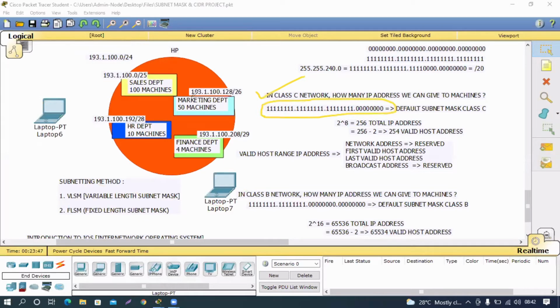For example, for 100 machines, what is the accurate subnet mask that we can give over here? We are dividing this particular subnet mask. This is the main idea. In subnetting, we are dividing one big network. Let's say that this is /24. This is your class C, right?